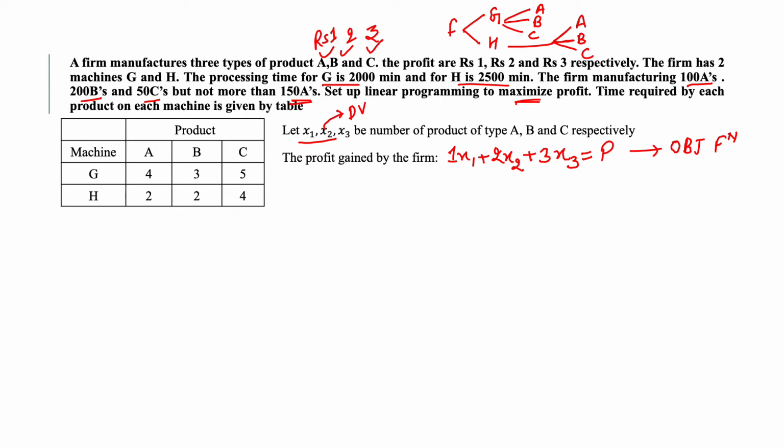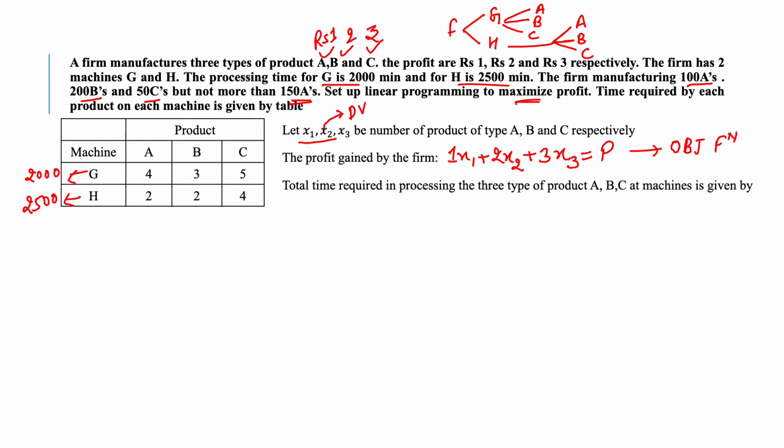The total time required in processing types A, B and C at each machine is limited: 2000 minutes for machine G and 2500 minutes for H. So this is my available time for each machine, and the total time required in processing each type A, B, C is given by this table.